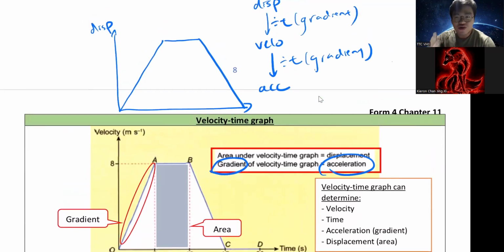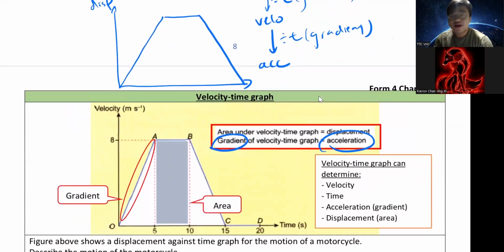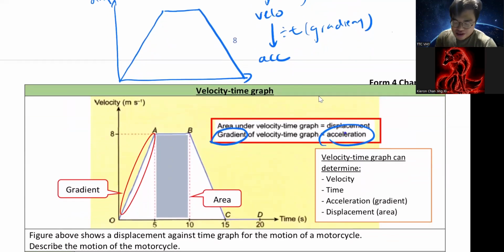And then just now we learned zero gradient, zero velocity. Kecerunan kosong, halaju kosong. Zero velocity means the car is staying in place, not moving. But now, zero gradient, zero acceleration.